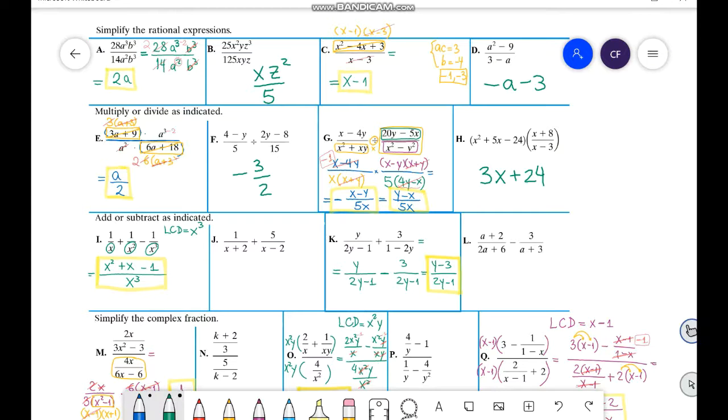Letter J, J is 6x plus 8 over x minus 2, x plus 2, or x squared minus 4. That's up to you, it's the same thing. Letter L, a minus 4 over 2a plus 6.